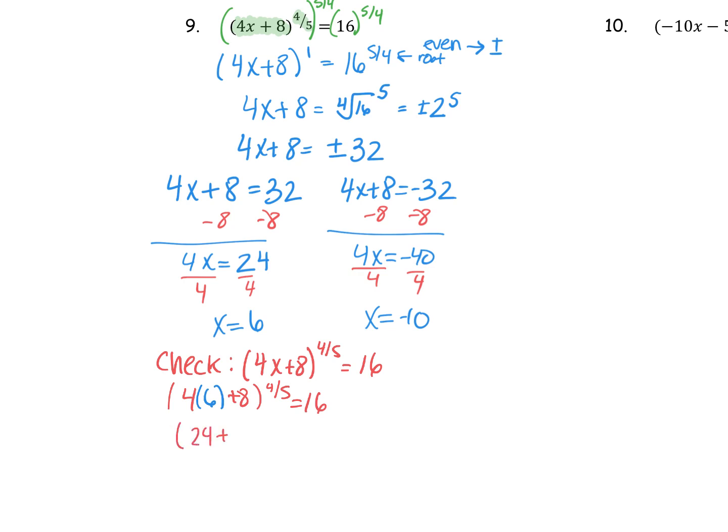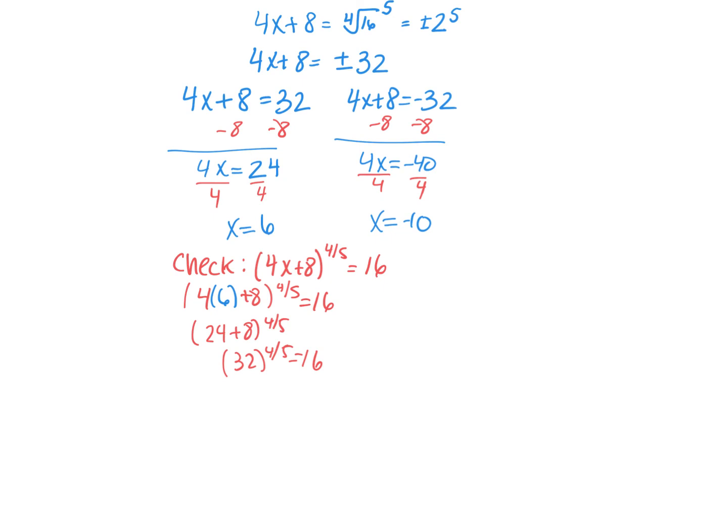So 24 plus 8 would be 32 to the 4/5 power. So I can actually just type that in my calculator. If I do 32 to the 4/5 power, I do get 16, which makes sense because it's the 5th root of 32 to the 4th power, which would be 2 to the 4th power, which would be 16.